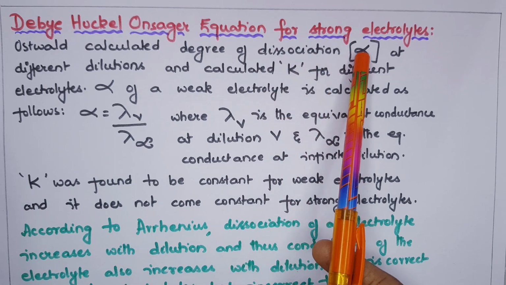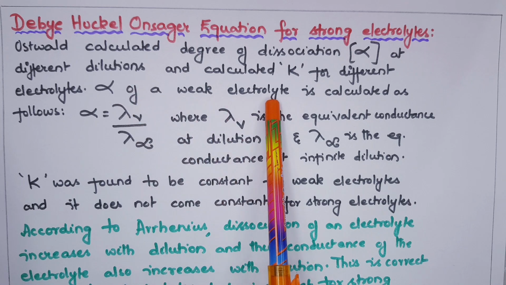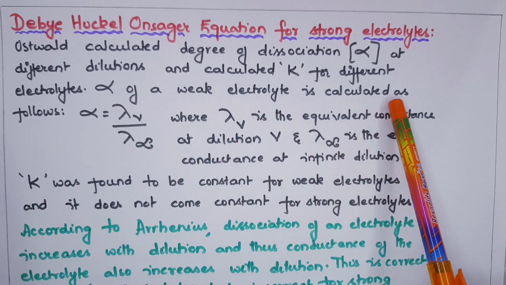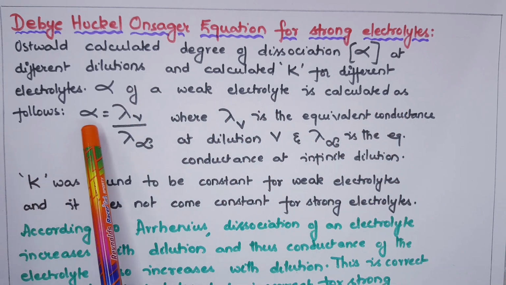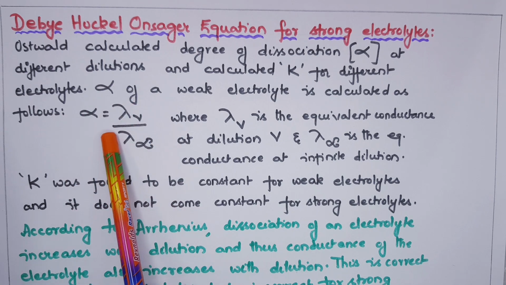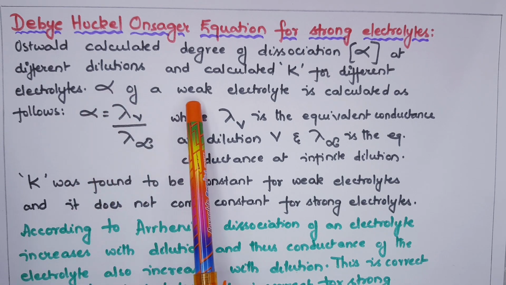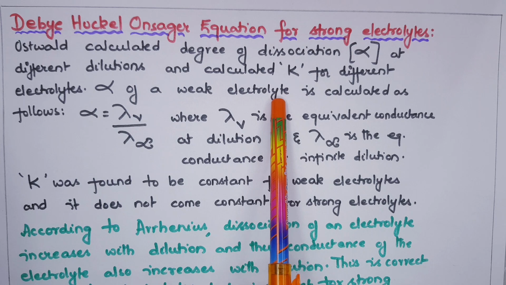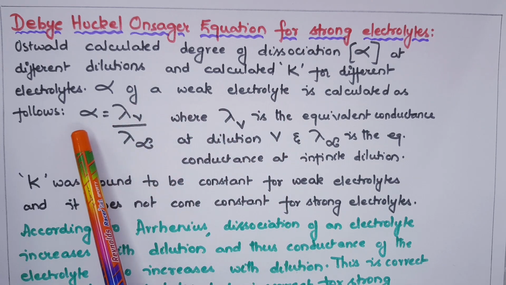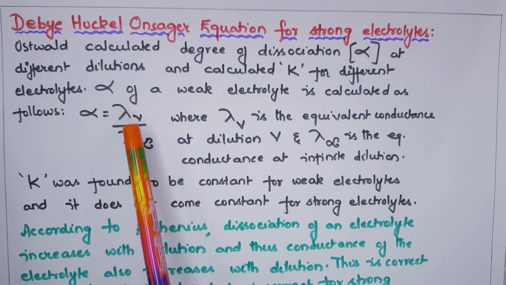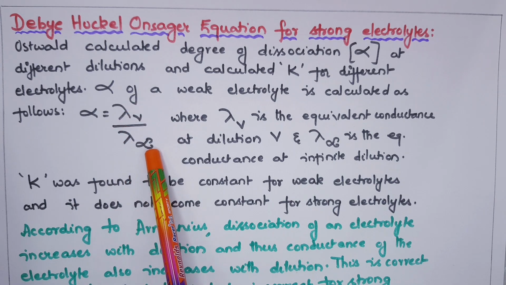Okay, now alpha of a weak electrolyte is calculated as follows. That means with this expression, the degree of dissociation of a weak electrolyte can be calculated. Okay students, so how? Alpha is equal to lambda V by lambda infinity.